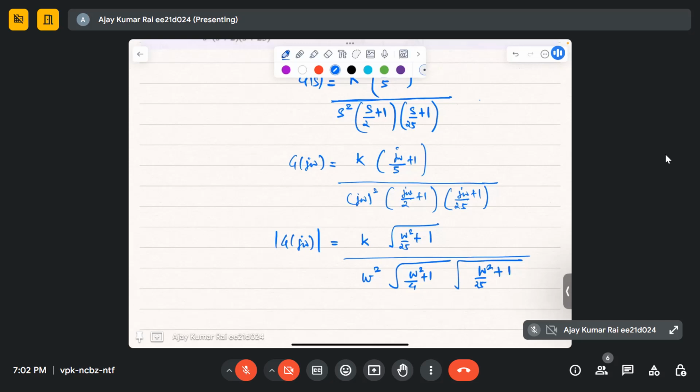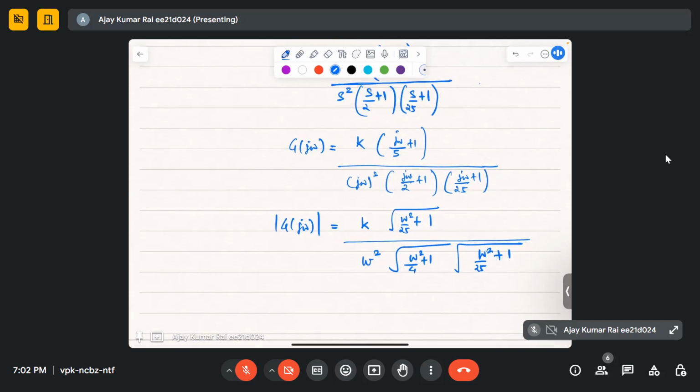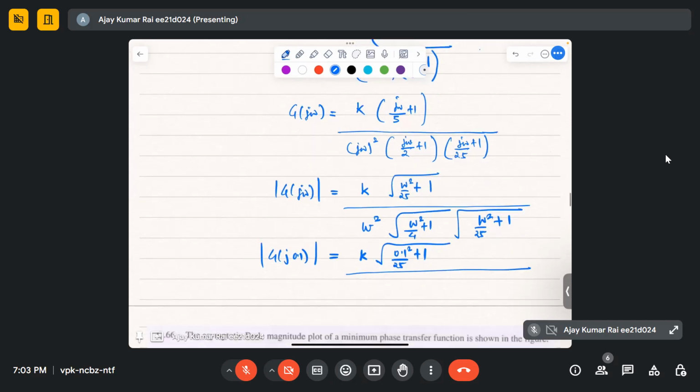Okay, so this is the magnitude, right? So let's first find out the magnitude at omega equal to 0.1.